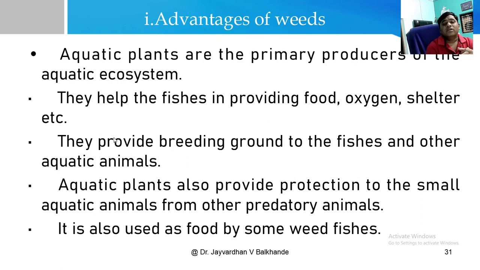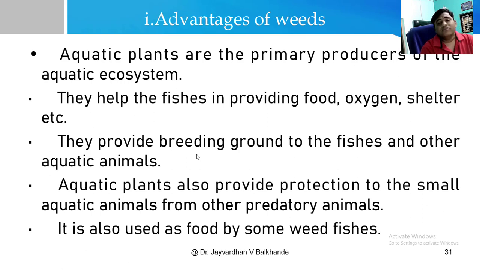They also provide a breeding ground to the fishes and other aquatic animals, not only fishes but also aquatic birds and other aquatic animals present in the water. It is one of the advantages of aquatic weeds.